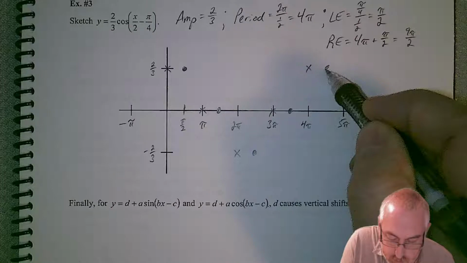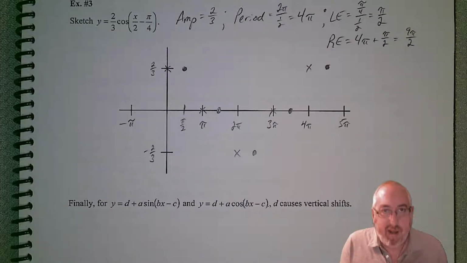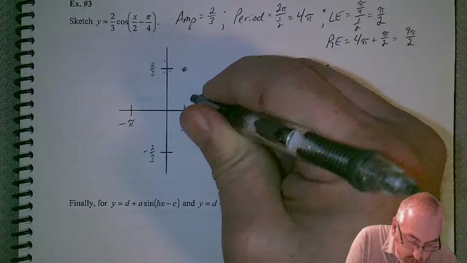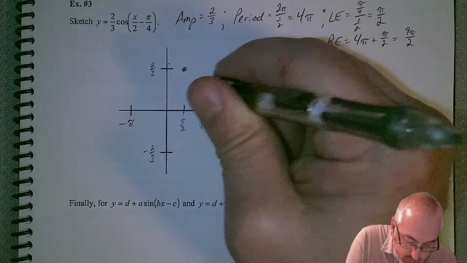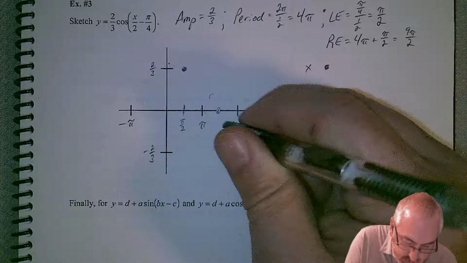Now, if you don't like all the extra stuff in there, these X's, obviously you can erase those. Once you do this a few times, you won't need those X's. So just erase those the first couple of times, that way it looks cleaner.